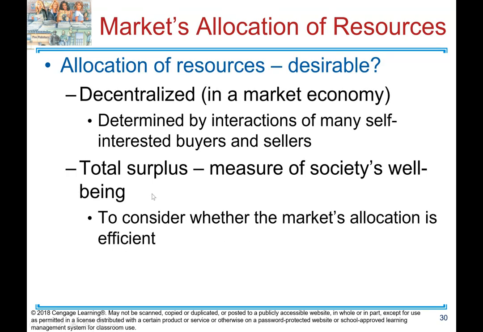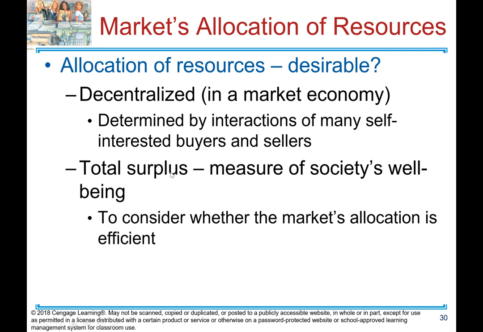Let's talk about the market's allocation of resources. Allocation of resources is a desirable goal if it is efficient. Our economy is decentralized. That is a market economy. It's determined by interactions of many self-interested buyers and sellers. There's no central authority here.